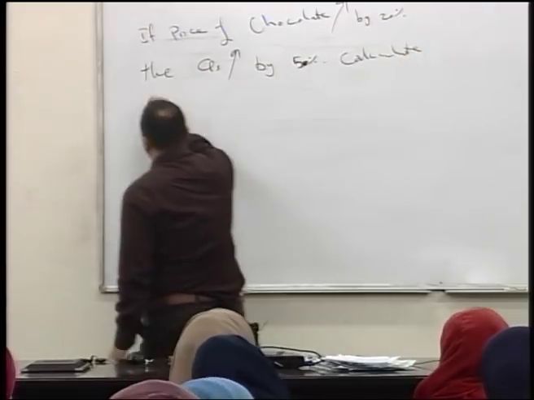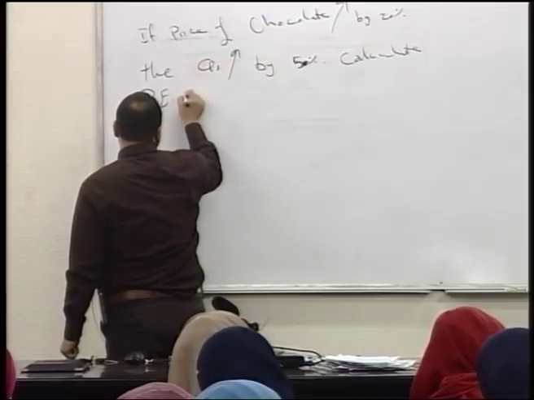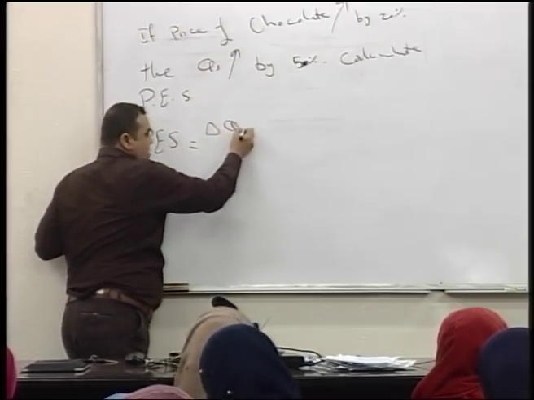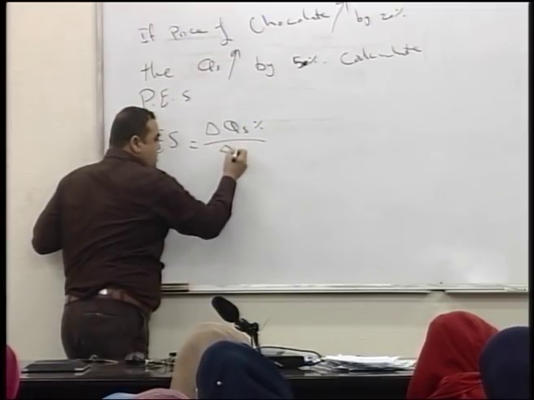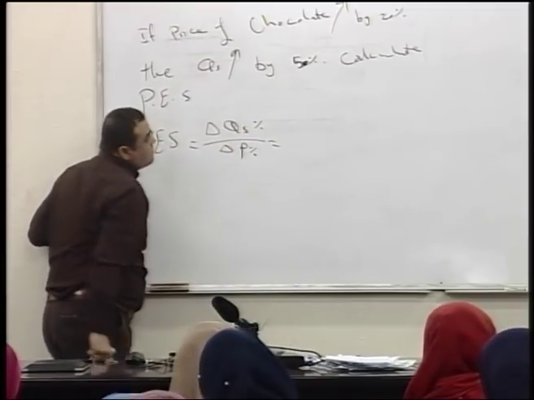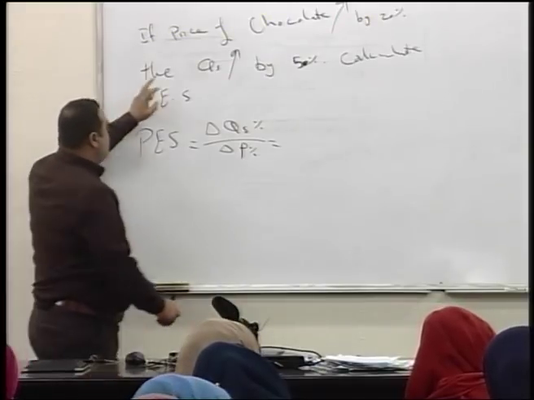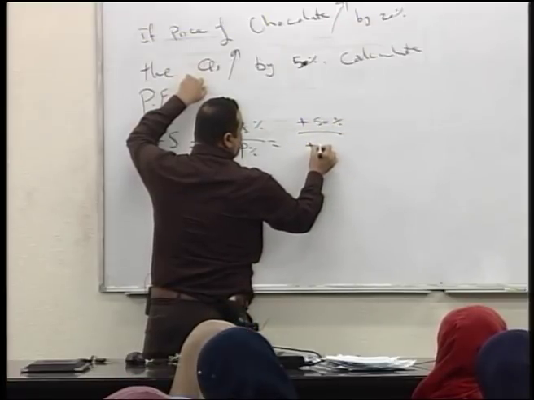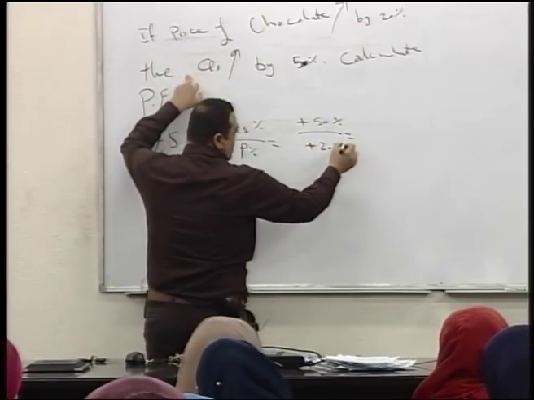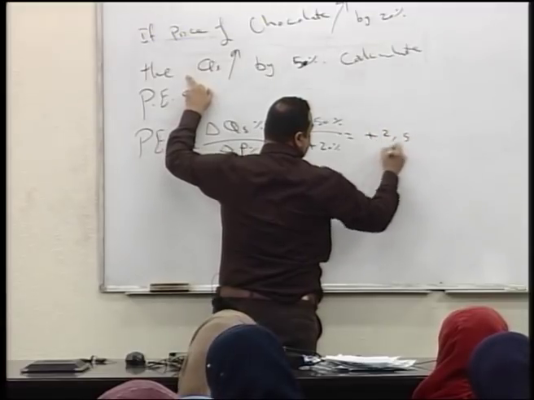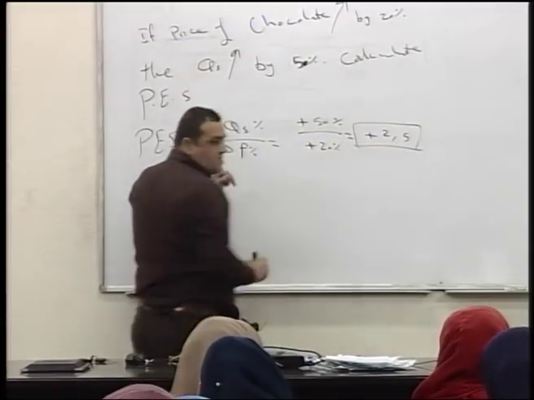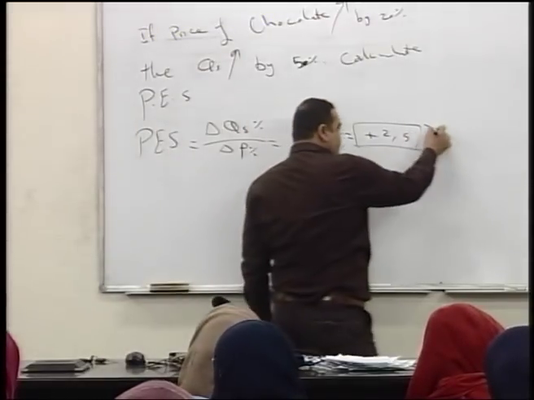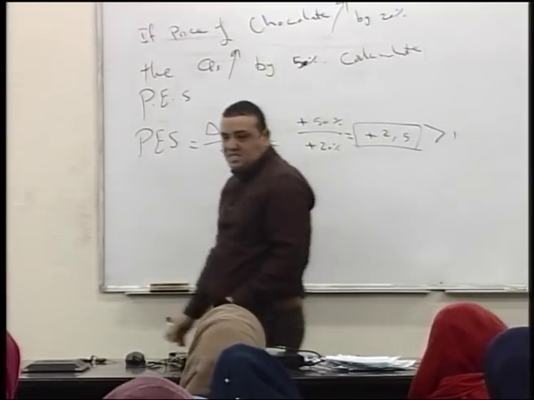The price elasticity of supply equals the percentage change in the quantity supplied over the percentage change in the price. It equals a positive 50% over a positive 20%, which is positive 2.5. Is it bigger than 1 or less than 1? It's bigger than 1. So the supply here is elastic.